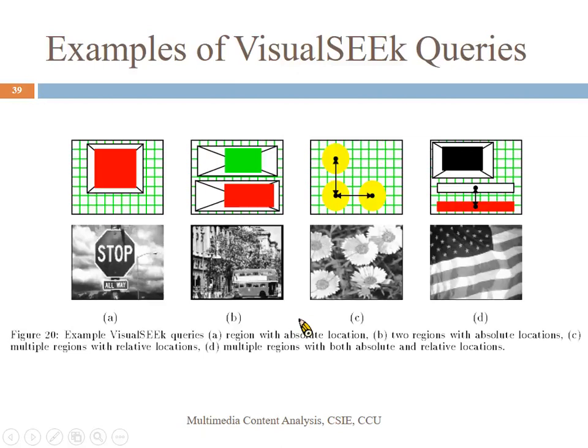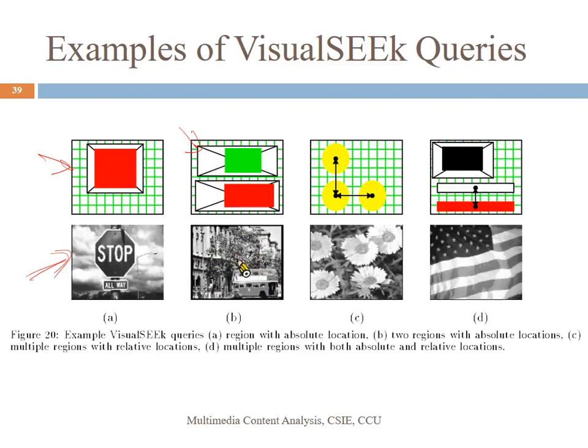So here are more examples of the VisualSEEK query. Given this query, we get this result. We expect there is a red rectangle on the top of the image, and we can retrieve the traffic sign. And we may conduct a multiple region query, like the green rectangle on the top and the red rectangle on the bottom. So we can retrieve an image like this.